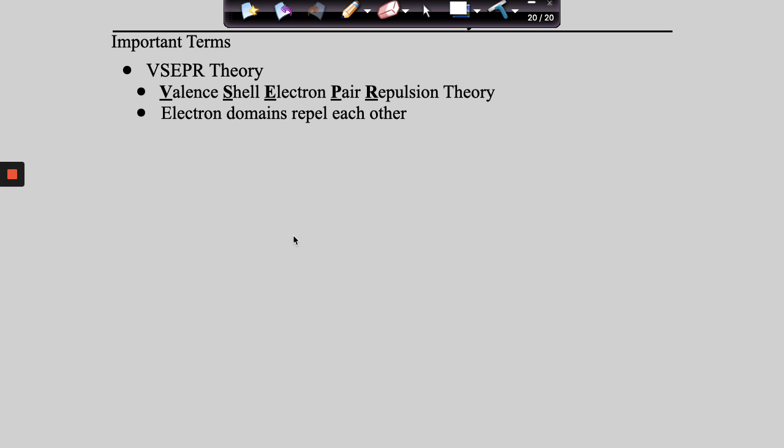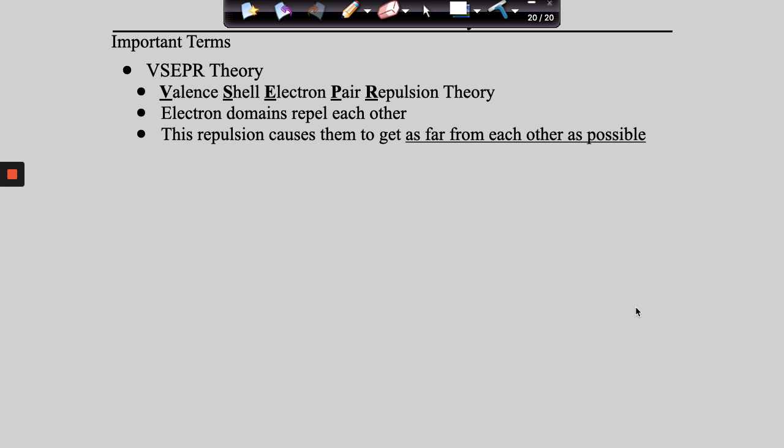I know that doesn't seem earth-shaking because you've been introduced to these ideas throughout this unit, but you're going to find out that this has a very important implication. This repulsion causes these domains to get as far away from each other as they possibly can. And this is what leads to their interesting 3-dimensional shapes.